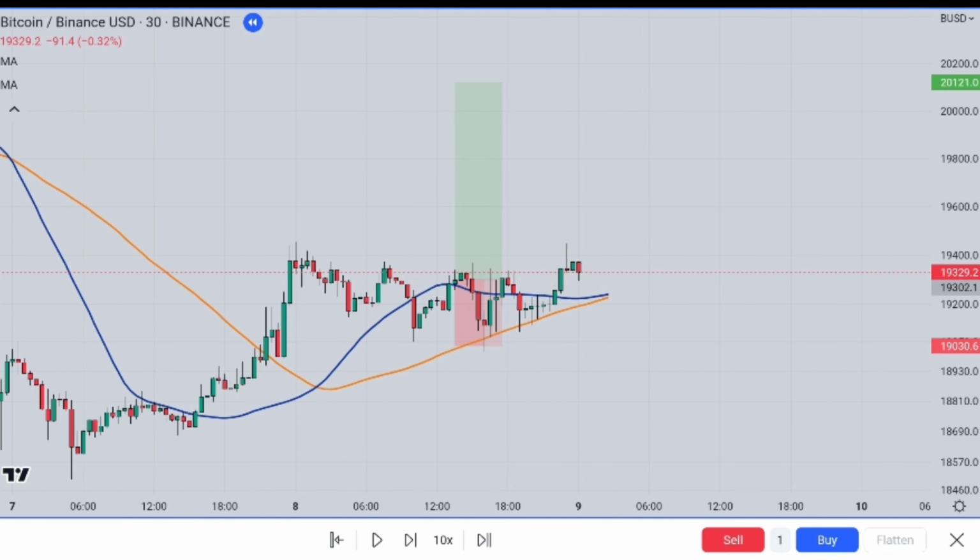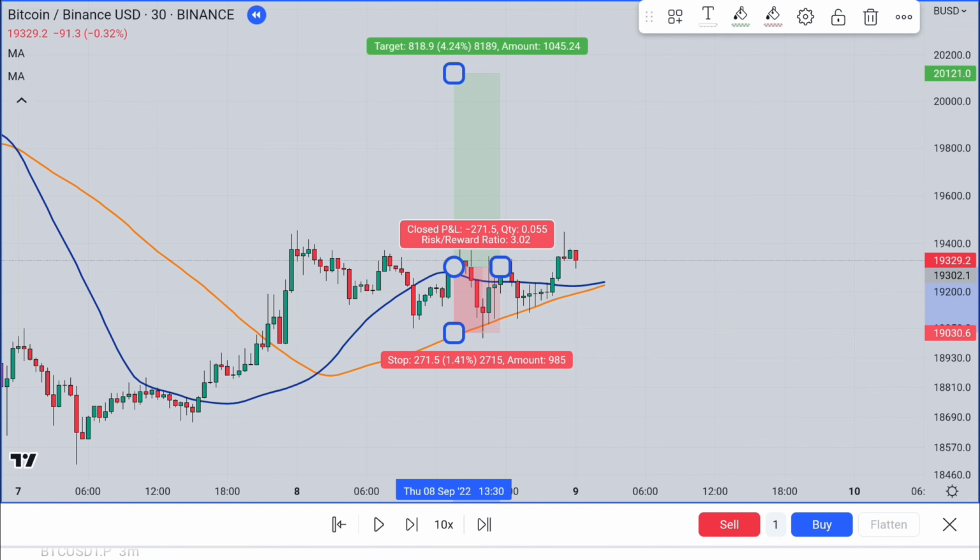As you can see, the price hit the stop loss level in a very short time. What if we had placed the stop loss level below the lowest level? Without worrying when entering the trade, let's see.